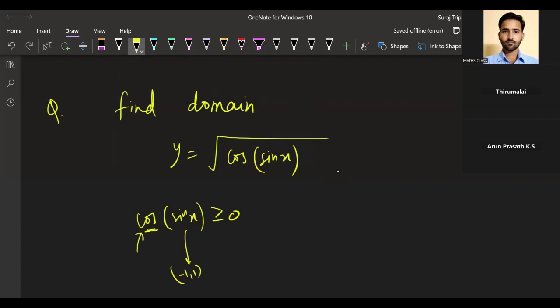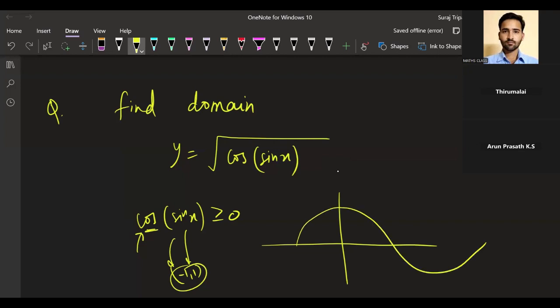The range of sin x is -1 to 1, because sin x will give -1 to 1 only. So you have to check in this interval whether cos x is positive or not. This is the graph of cos x. This value is pi by 2 and this value is minus pi by 2.